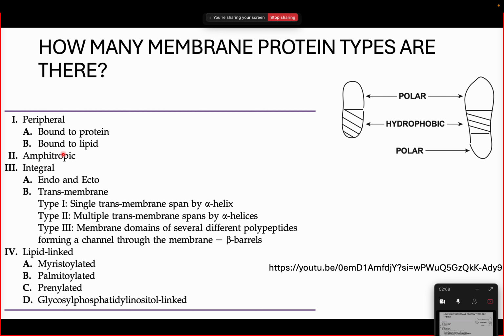And then amphitropic proteins, which are water soluble as well as membrane associated. For membrane association, there need to be certain modifications like phosphorylation and acylations. Then integral membrane proteins: if associated with the cytoplasmic side, it is called an endo integral membrane protein. If it is associated with the extracellular side, it is called an ecto integral membrane protein.